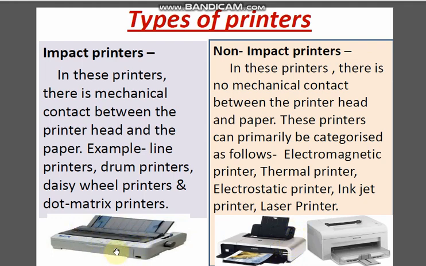So dot matrix printers, DMP printers, daisy wheel printers, drum printers, line printers, chain printers are impact printers. They are the older ones. And in the newer generation, non-impact printers, we have electromagnetic printer, inkjet, laser, electrostatic, thermal. They are non-impact printers. So you must have seen these kind of printers at home or in your schools or in business organizations.